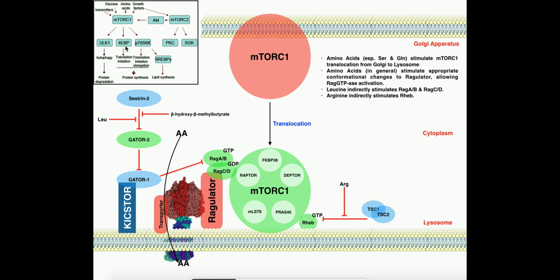When phosphorylated, this protein is going to stimulate the initiation of translation, which is just the first step in protein synthesis. So it acts more or less on the ribosome, one component of it. And then this protein, P70S6K, is a kinase. When this kinase becomes activated, it's going to further stimulate translation initiation, but also the elongation process of protein synthesis. So that's one thing mTORC1 does: it directly stimulates muscle protein synthesis.